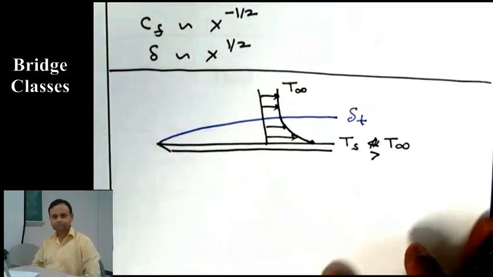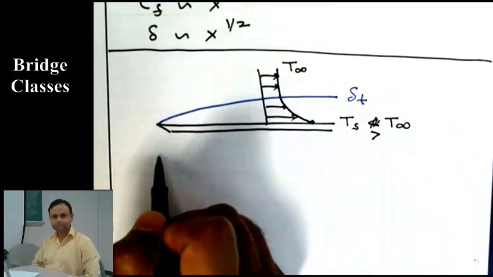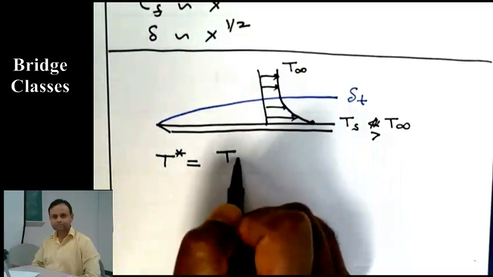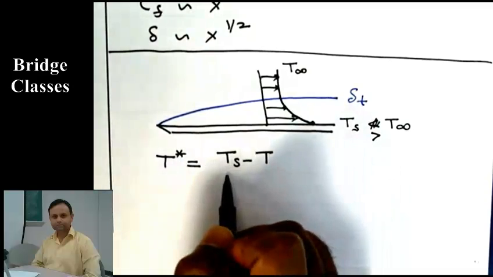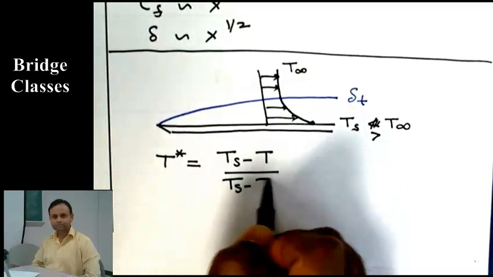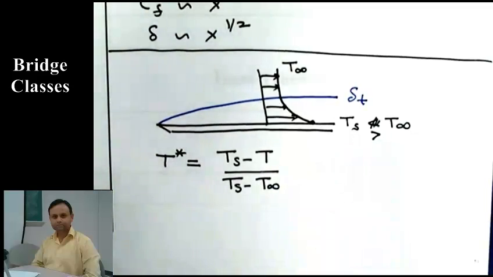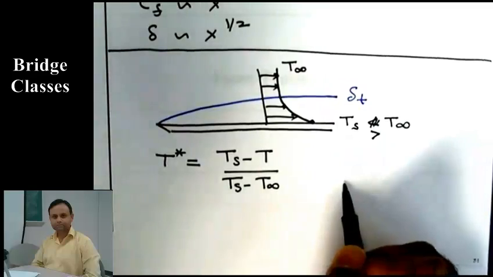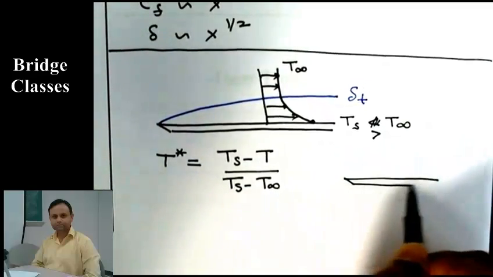Now if I write down T star equals Ts minus T over Ts minus T infinity, then the profile of T star will be like this. You can verify this.